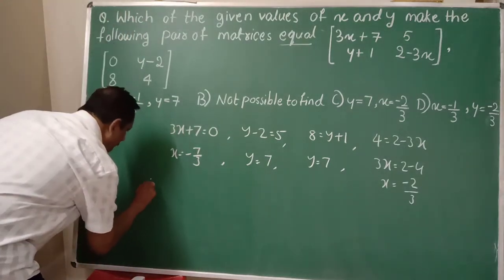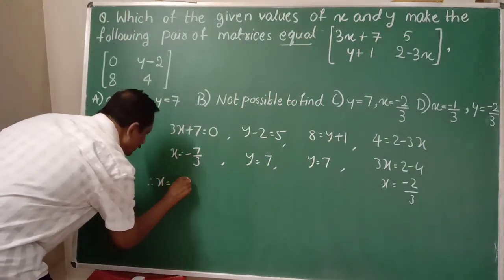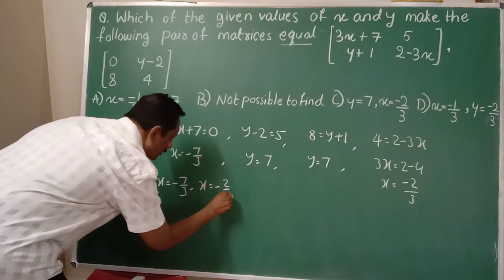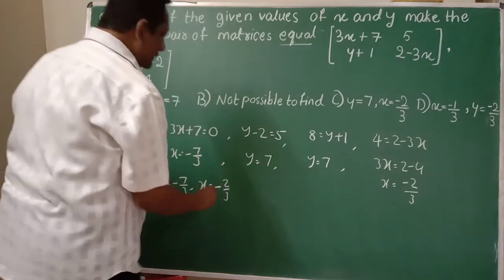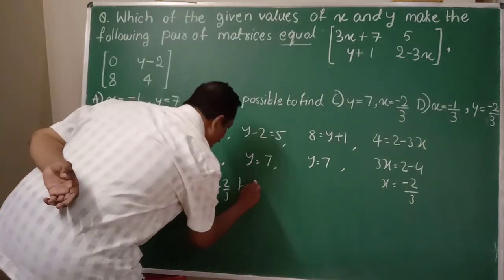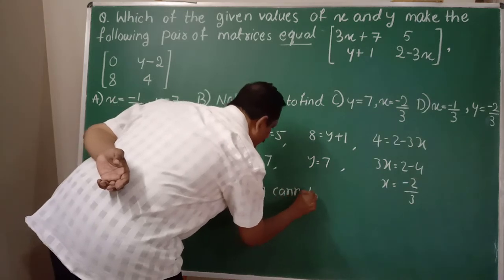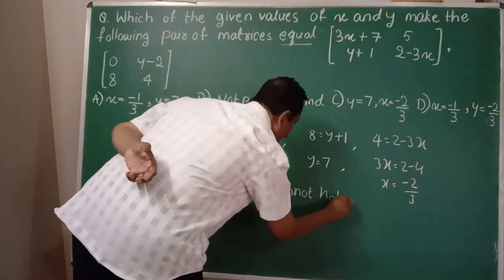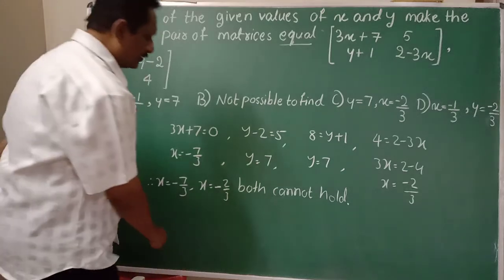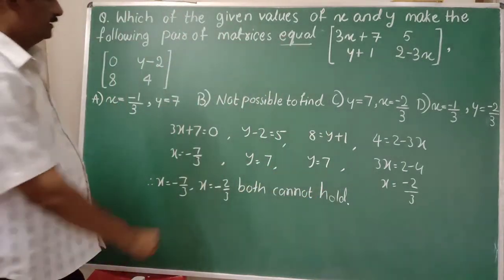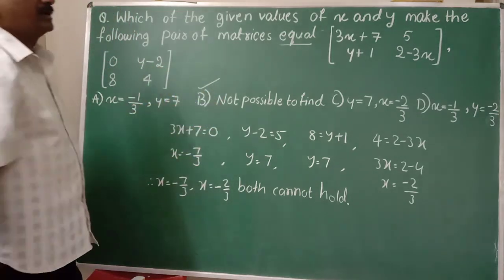Therefore x equal to minus 7 upon 3 and x equal to minus 2 upon 3, both cannot hold simultaneously, it is not possible. Yes, option B is the correct option here.